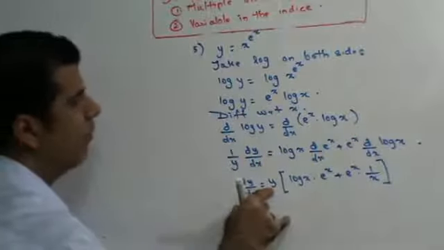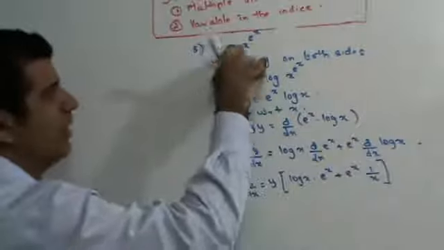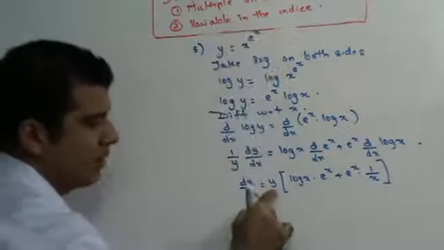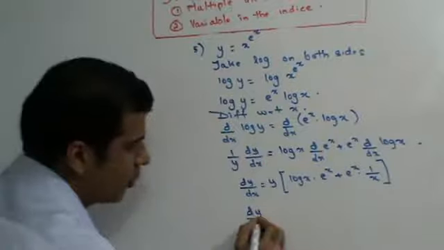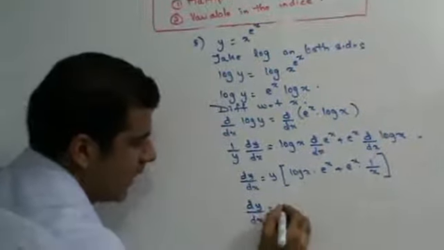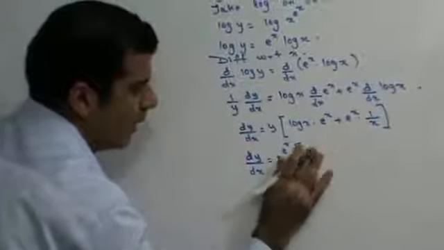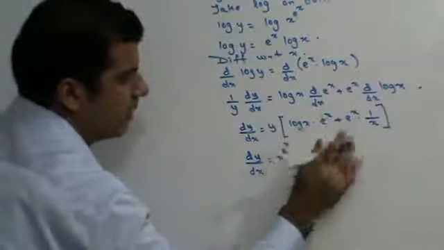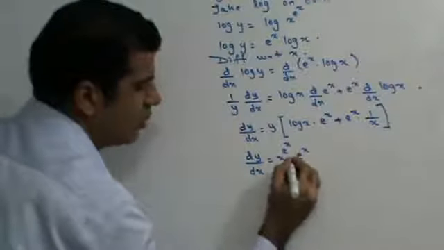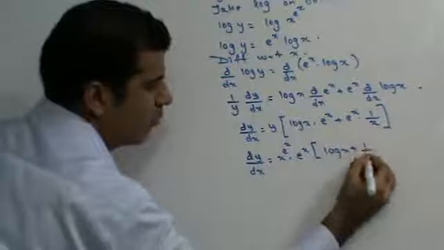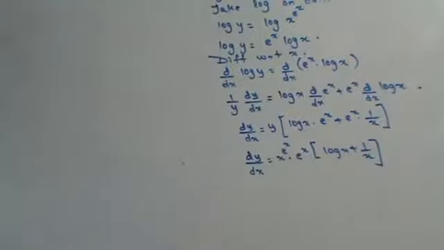Resubstitute the value of y. Y is x raised to e raised to x. So you will get dy by dx is x raised to e raised to x. Between these two terms, I could take e raised to x common. So you will get log x plus 1 upon x. That will be your answer.